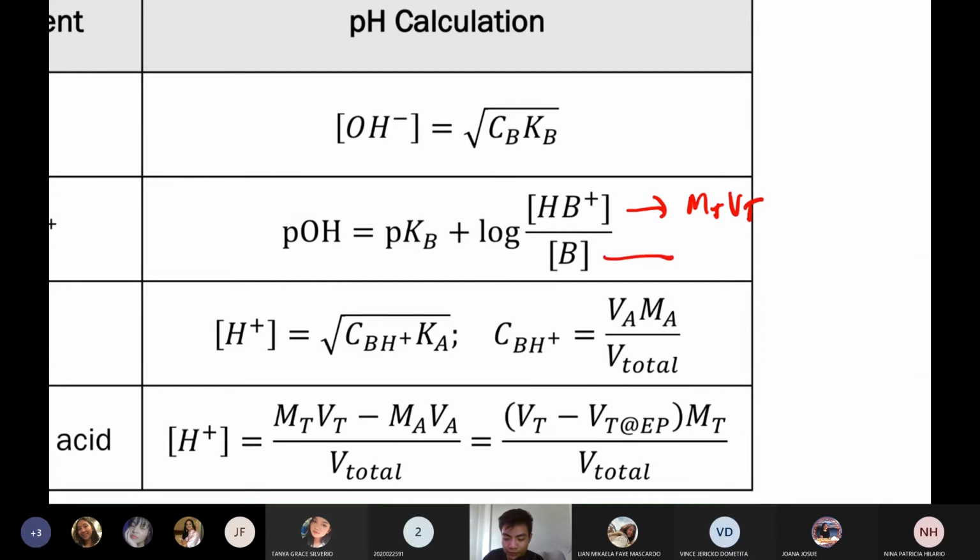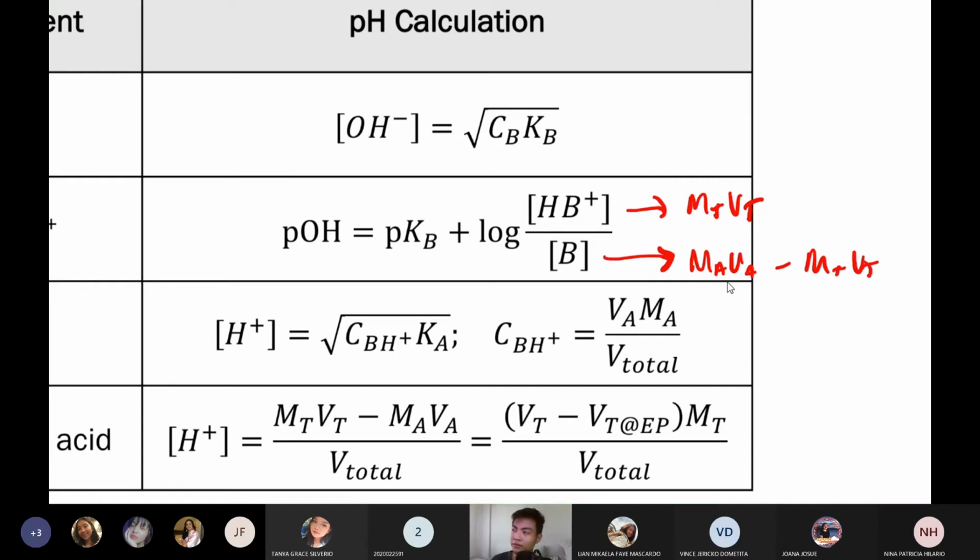And our base decreases when we add titrant, so we determine how much is left: MAVA minus MTVT. Same as earlier. The conjugate acid increases because you added titrant, equal in moles. The base decreases because you are adding titrant.